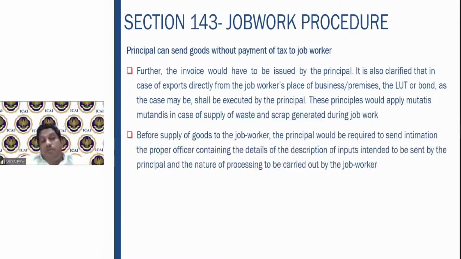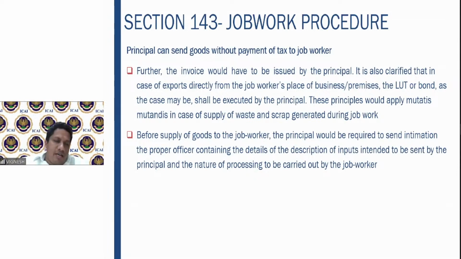Sometimes exports happen wherein the principal sends the particular products to the job worker, and the job worker from his place of business exports the goods directly outside the country. For exporting goods outside the country, you require what is called an LUT or a letter of undertaking.